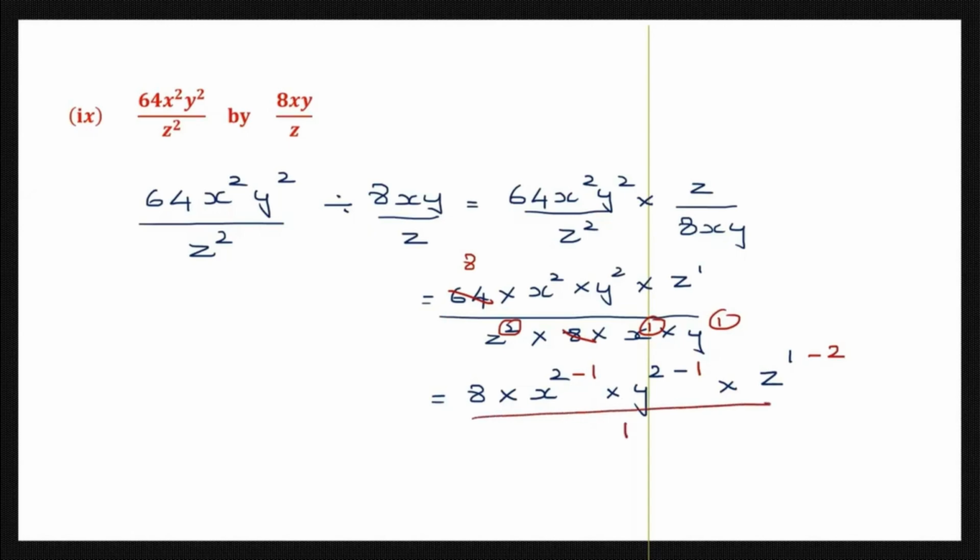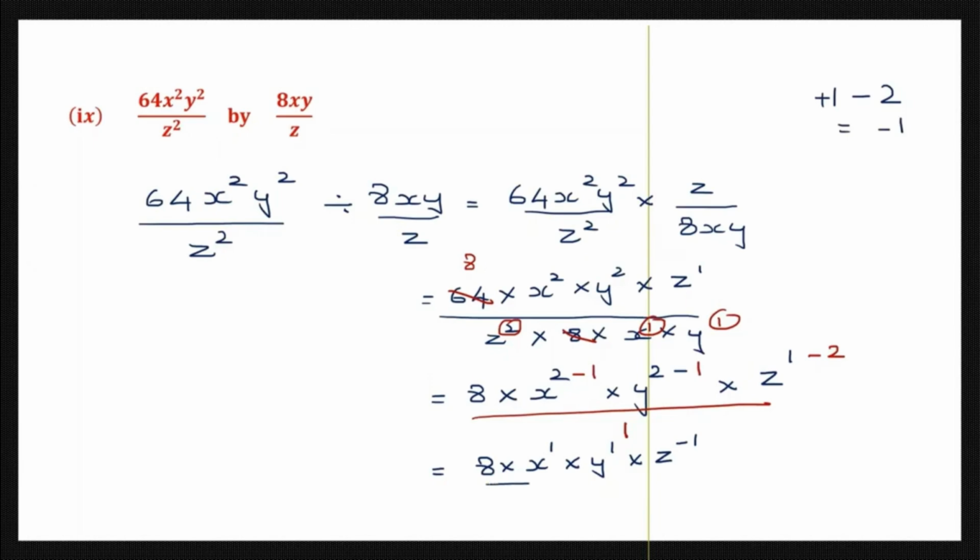So now let's work this out. 8 into x to the power of 2 minus 1 is 1 into y to the power of 1 into z to the power of, this is minus 1, because 1 minus 2, we put the sign of the bigger number and subtract. 2 minus 1 is 1. So that is minus 1.